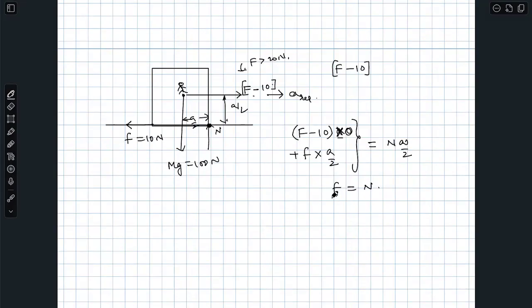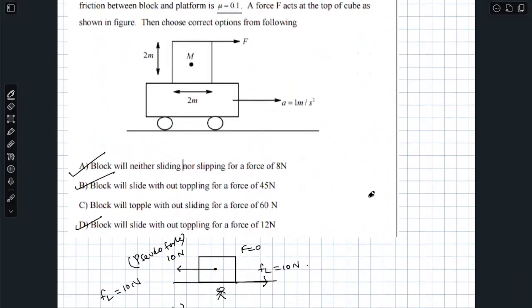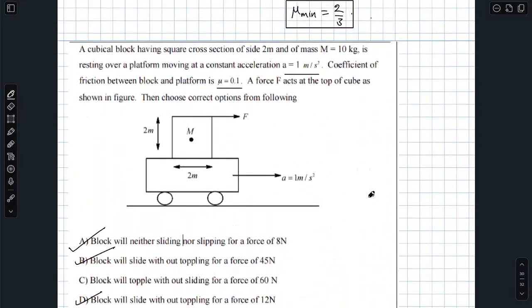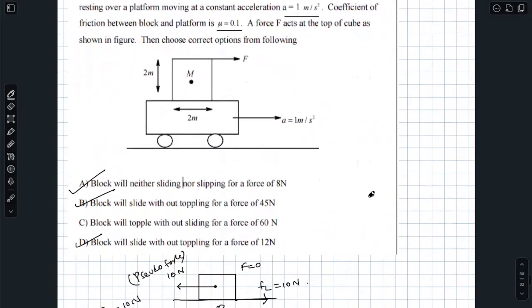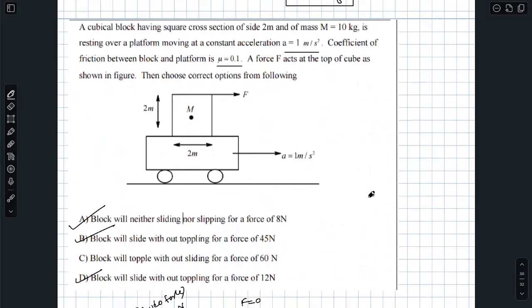F is equal to N. But is it possible? F is not possible to N. No. F maximum has a limit. So I doubt on the mass of the block. I can confidently say about ABD, but I am not sure about C. Okay.